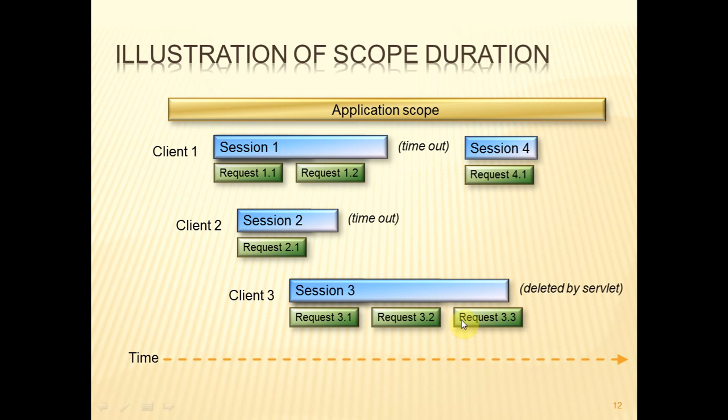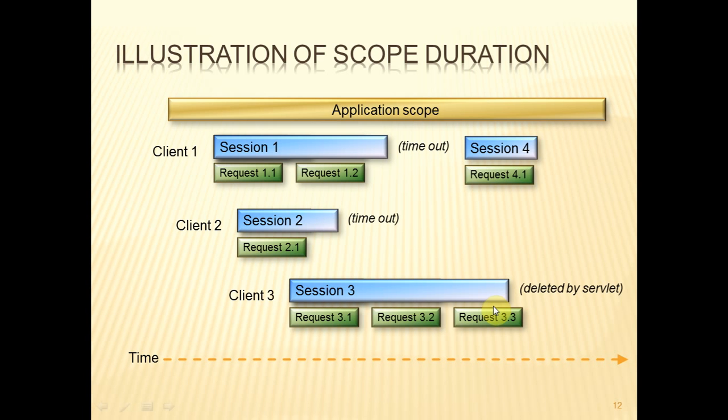So request 3 comes in from client 3. That has extended the session, but as is noted here, this particular request has now triggered the programmatic deletion of the third session. So this is an example of where the session has been programmatically terminated.